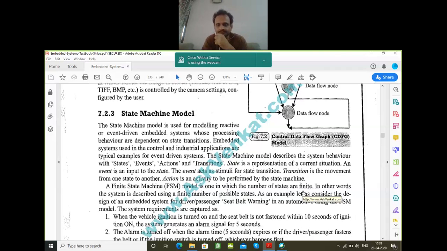You can have a finite number of possible states depending upon the finite state machine model. Now we will take an example of this finite state machine model.